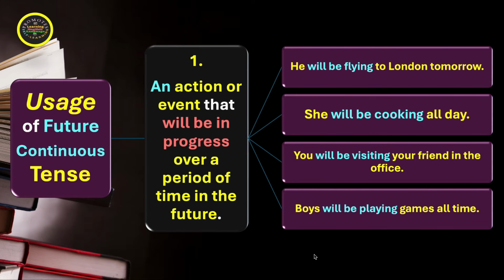For example, my mother will be cooking lunch for me, like this. So you can have so many examples in this context and in this manner. So in brief, what we mean to say is that future continuous tense is about an action or event that is progressing, that is continuing in future. You imagine that this work will be going on at certain point of time in future.